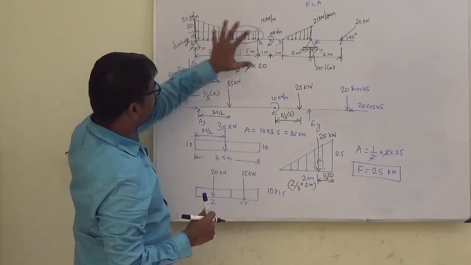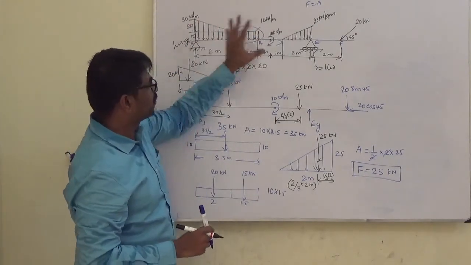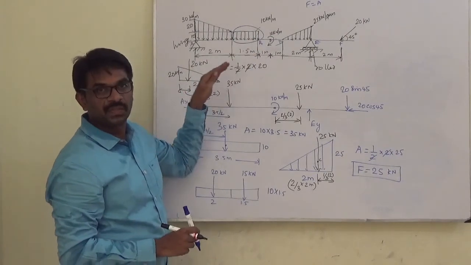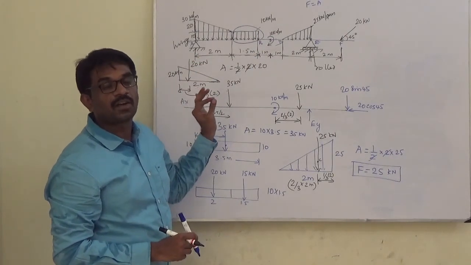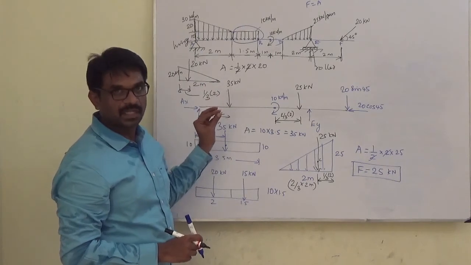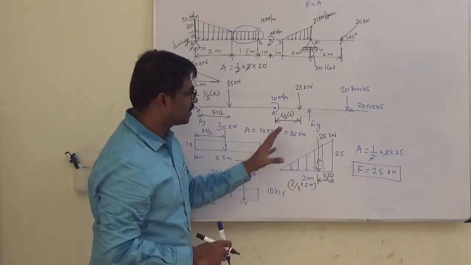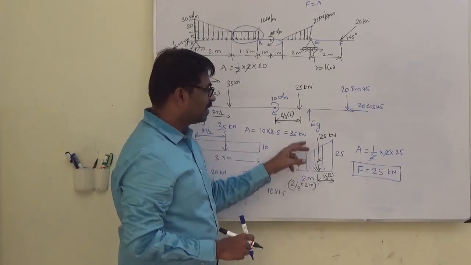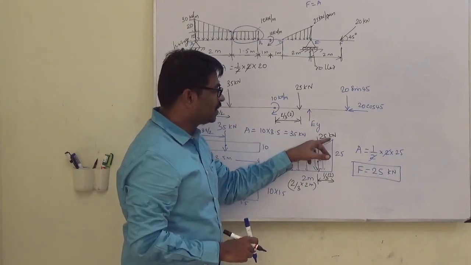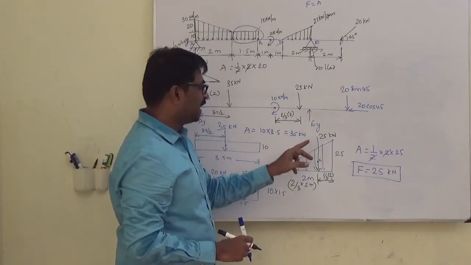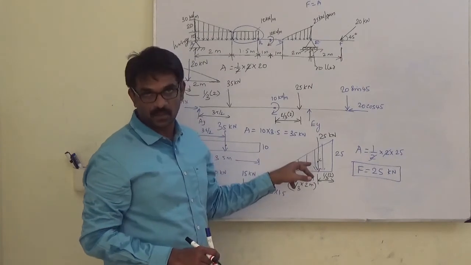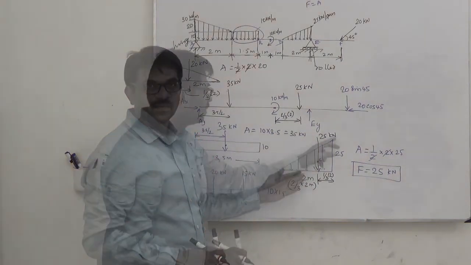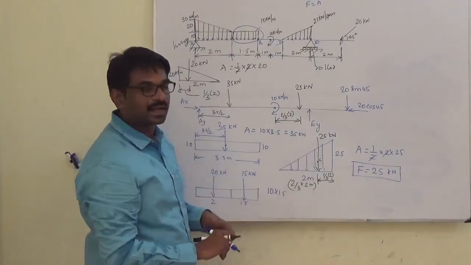Now when we have such distributed forces, how to change that into a single point concentrated load, single point load? So for that we have used this. The magnitude is the area and the location is passing through the centroid of the shape which we are considering.